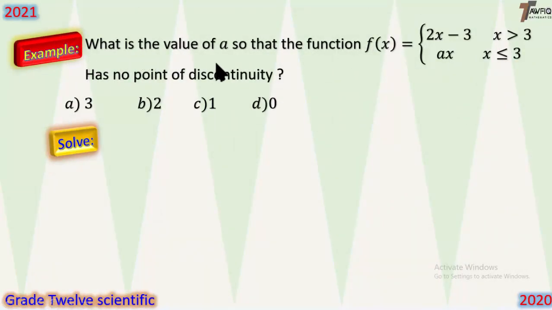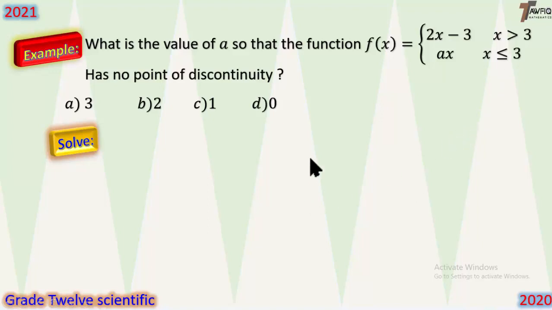What is the value of a so that the function f(x) equal to 2x minus 3 when x is bigger than 3, and ax when x is less than or equal to 3, has no point of discontinuity? We have two kinds of these equations. One of them, if the function contains bigger or less, and the second one is equal or not equal.